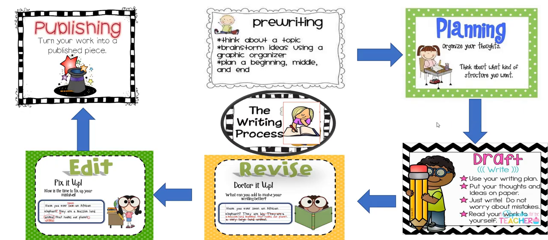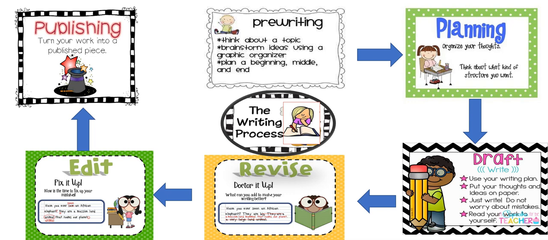So, again, here is the writing process. We do the pre-write. That is the first step. What happens in the pre-writing? We think about a topic. Here is where we brainstorm ideas. So the first thing we have to do when we want to write is to brainstorm, to get ideas in our head, to think, today I'm gonna write about something.